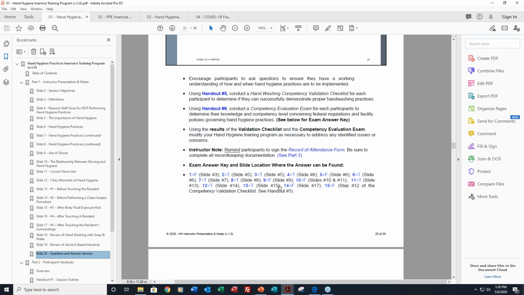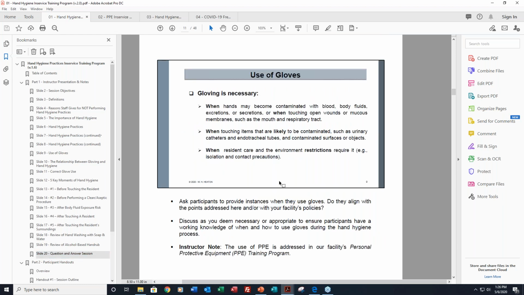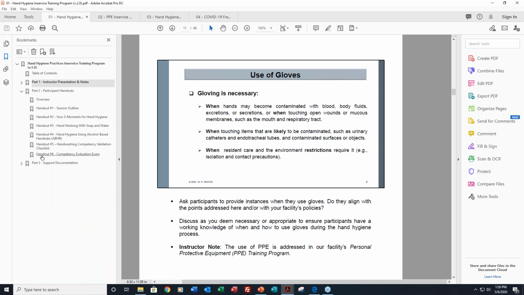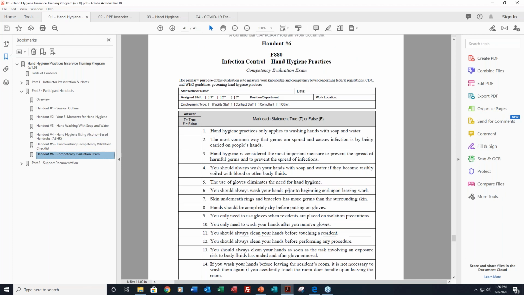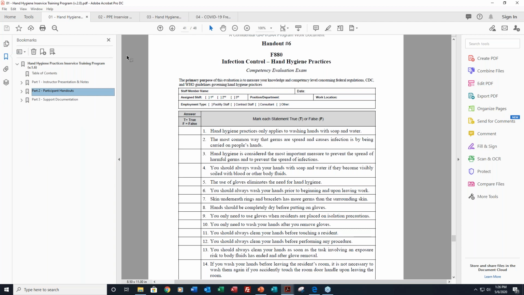If I'm looking at question number 9, I can go to slide number 9 and it will link directly to that particular slide. For your exam, you have the questions in your handout. You have the answers in your handout. The next part in your handout is your support documentation, which is very critical.